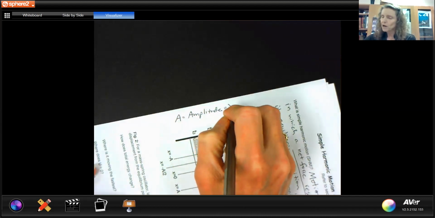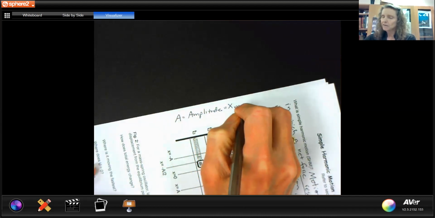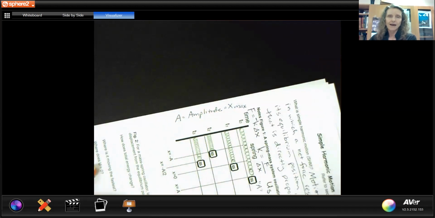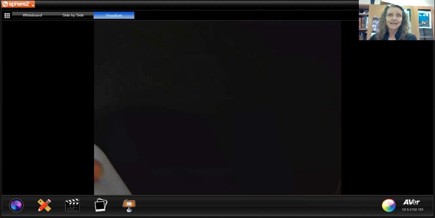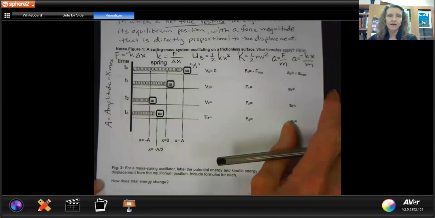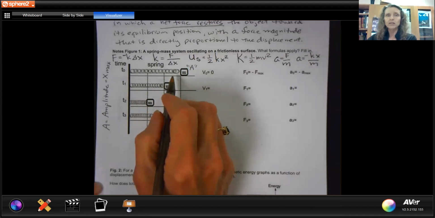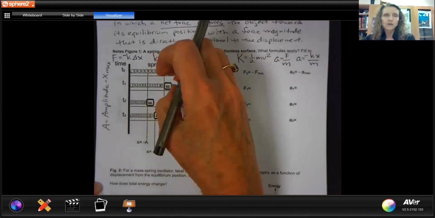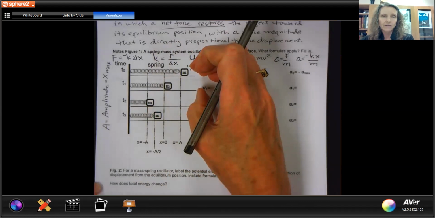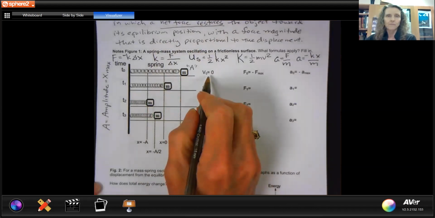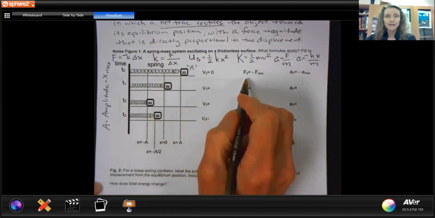So another way to describe that is x max, the maximum x position that it has. And it also could have a negative side to that that would have the same absolute value. So that's its amplitude A. It's been stretched that far. Now, when it's stretched that far, I pulled it over and I'm stopped a minute. I haven't let it go yet. The velocity at that moment is 0. The force is at a maximum.